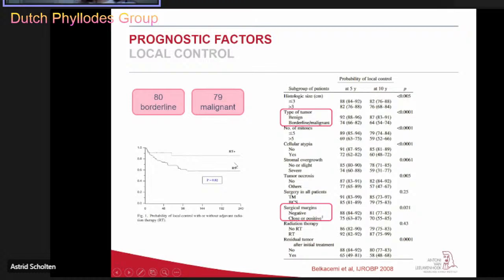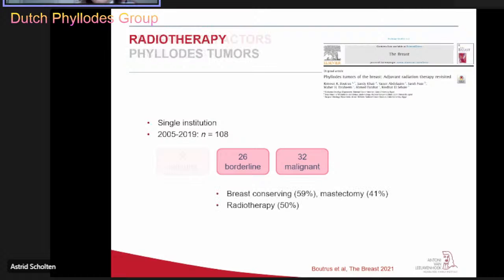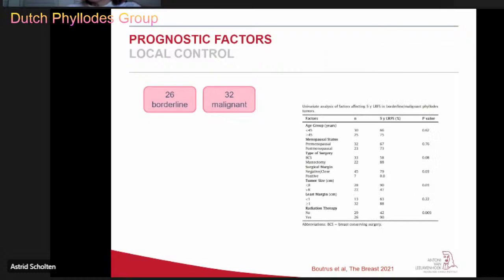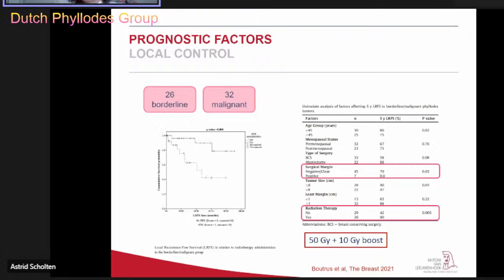Radiotherapy significantly improved local control in these patient subgroups. A publication of last year with approximately 60 patients, most treated with breast-conserving surgery and 50-50 radiotherapy or not, shows the same when you look at prognostic factors and the effect of radiotherapy. It significantly improves local control.